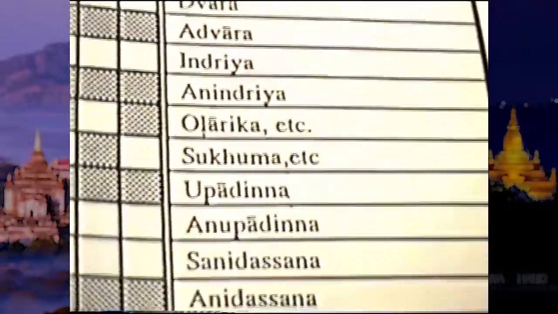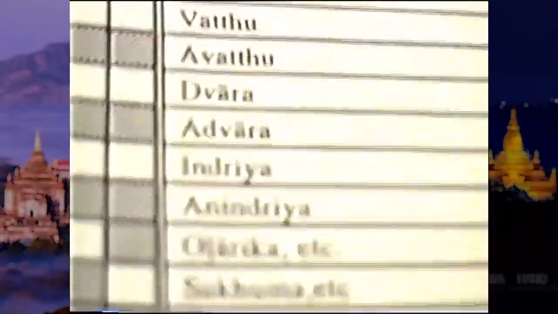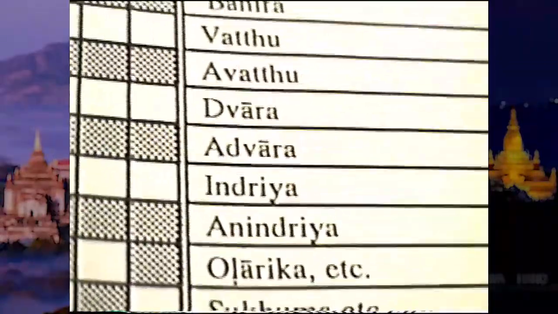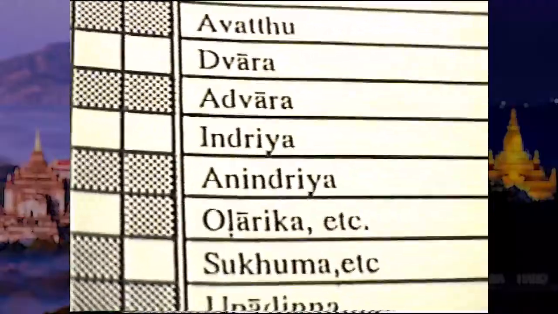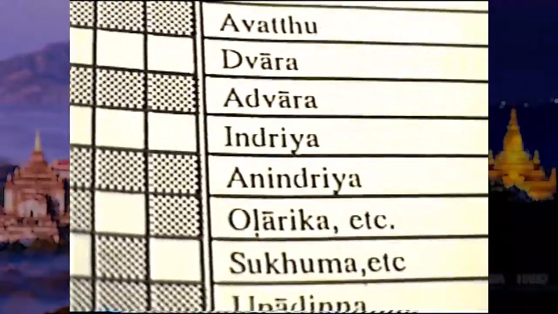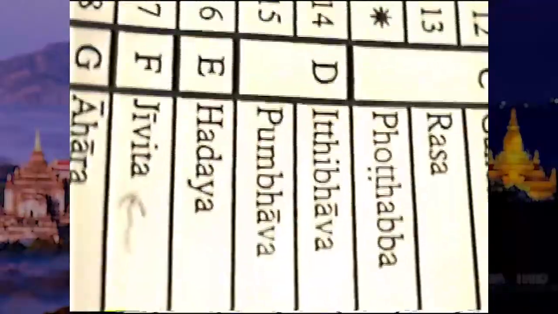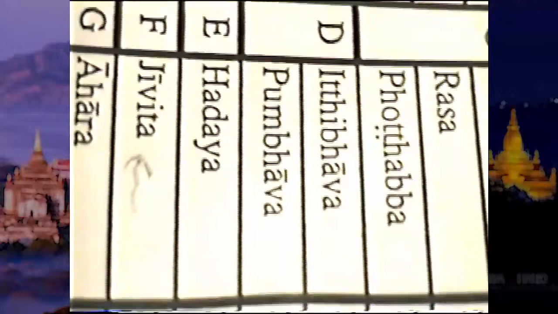And the next one is what? Indriya, faculty. So chakhu, sota, ghana, jihva, kaya, and then itthibhava, pumbhava, and jivita. So these 8 are called indriya, faculties, and the rest are called anindriya, non-faculty. And then olarika and so on, gross and so on. So there are 12. Now here Abho is not included.